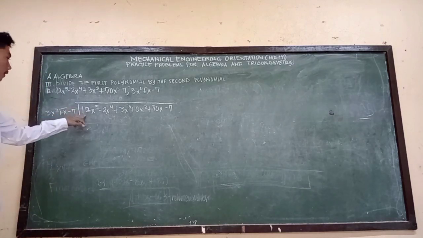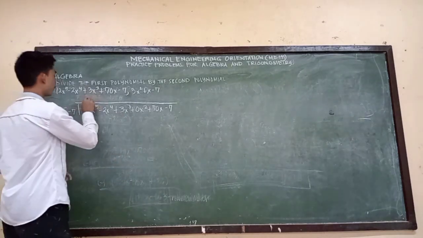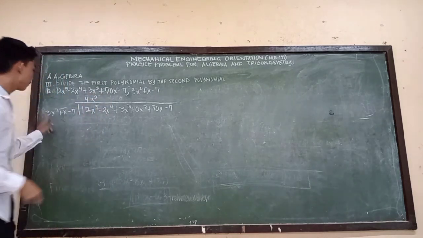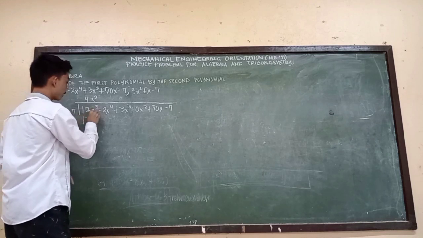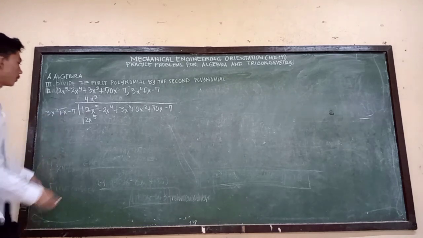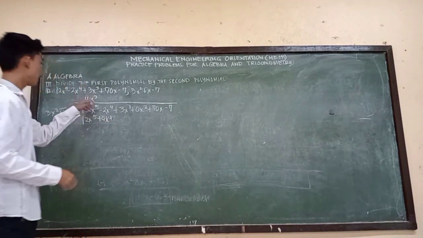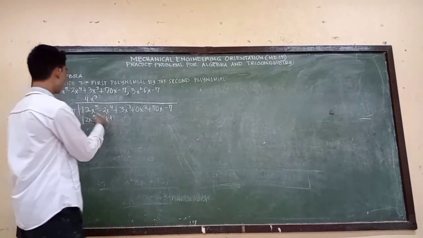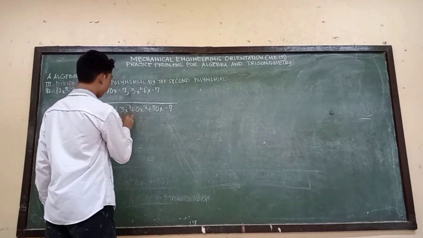12x to the fifth divided by 3x squared will give us 4x cubed. 4x cubed times 3x squared will give us 12x to the fifth. 4x cubed times x will give us 4x to the fourth. And then 4x cubed times negative 7 will give us negative 28x cubed.